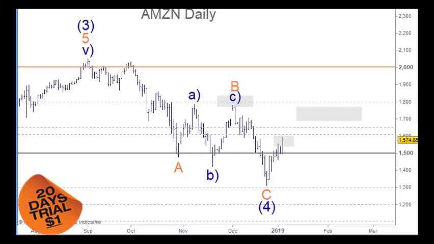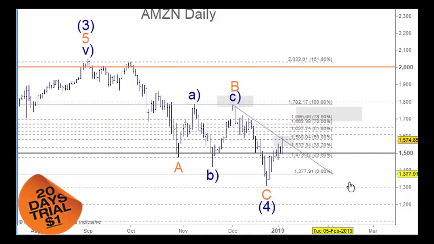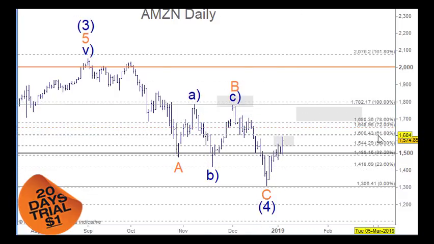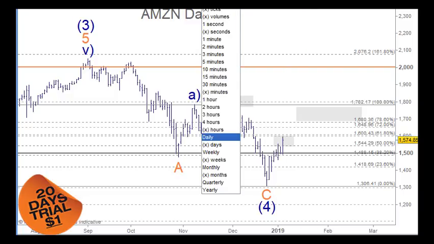The other point here is that if we take this top here and this low here, we're currently at the 61.8% now as well. So it really needs to stop here. Any further upside here is really going to help confirm that low being in place.